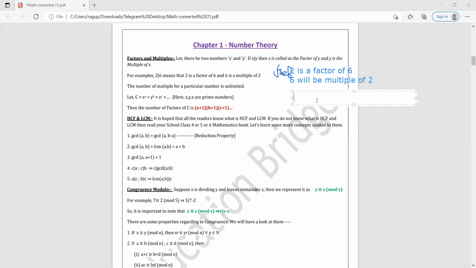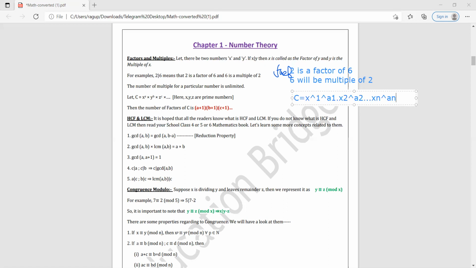So we have a number c equal to x raised to a into y raised to b into z raised to c, and so on. If there are n prime numbers in the factorization of a number, x1 raised to a1, x2 raised to a2, dot dot, xn raised to an.